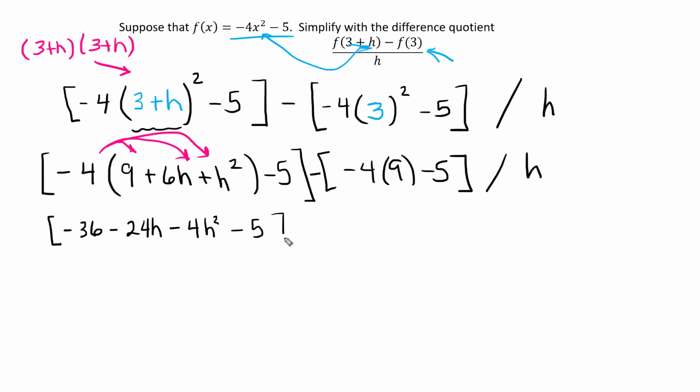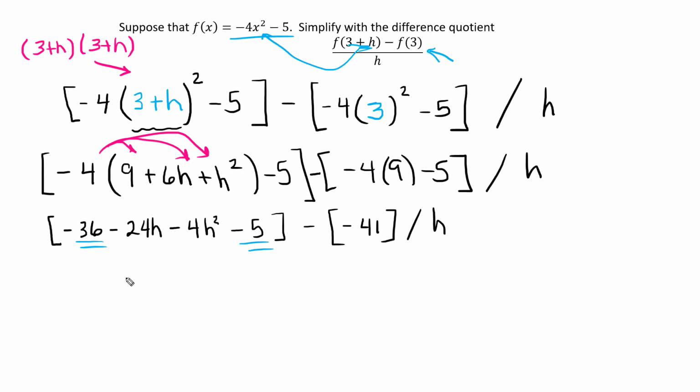And then this is all still minus 5. All right, and then I multiply all this stuff out. So -36 minus 5, so they're both negative, so you would add them. And this is something you need to get into a habit of noticing. Let me finish this. I'm going to combine like terms.